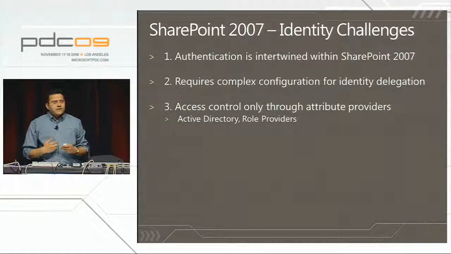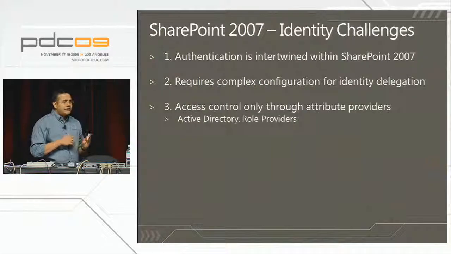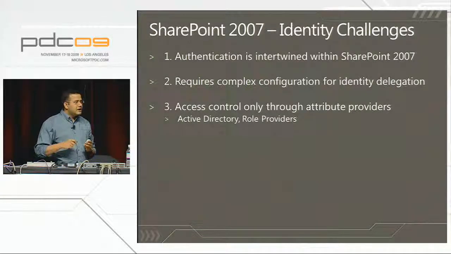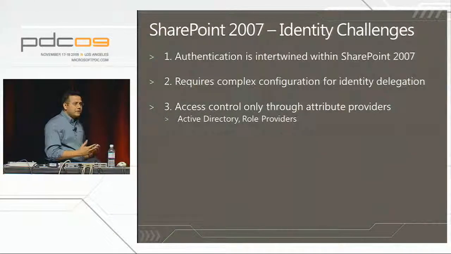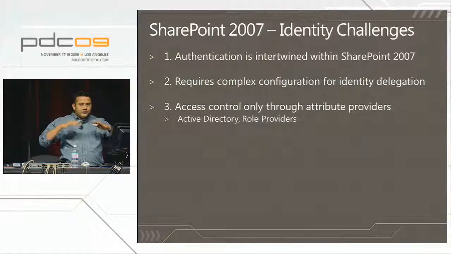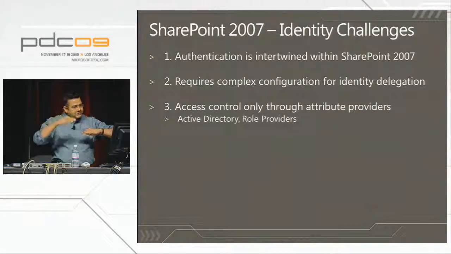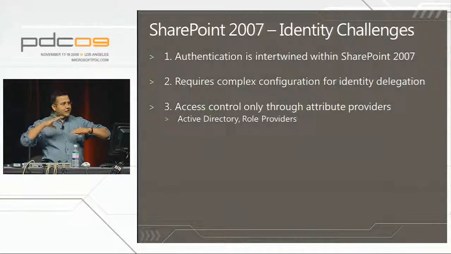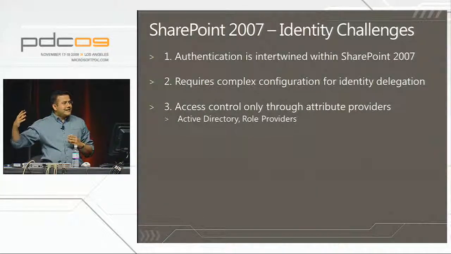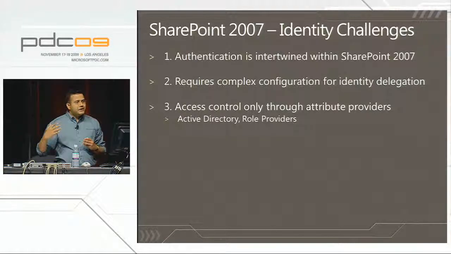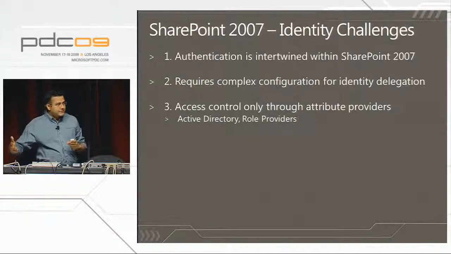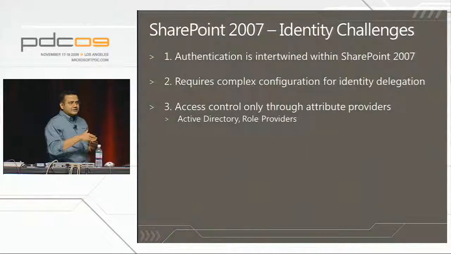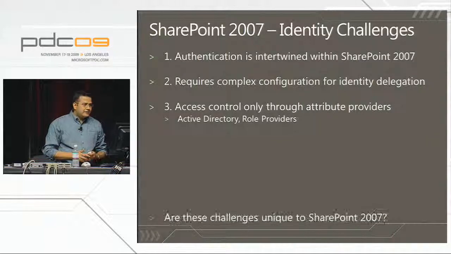But there isn't a way to specify, for example, a CRM role that I want to get within SharePoint and authorize based on that role. Although within SharePoint you can have item-level access checks that are granularly available, the roles that you're accessing against are limited to the available attribute stores, like Active Directory and role providers. So those are the top three challenges that we saw.